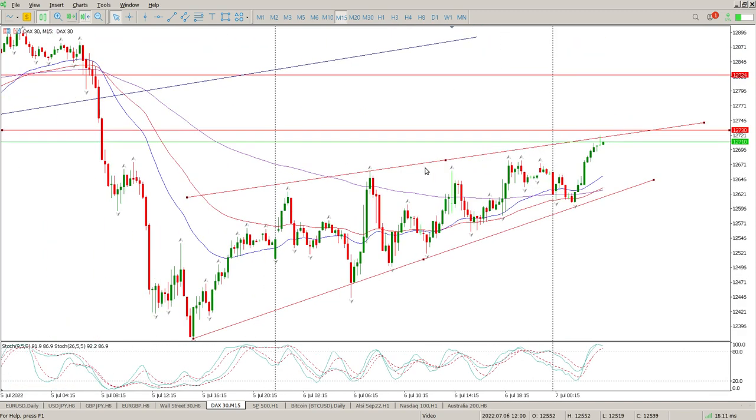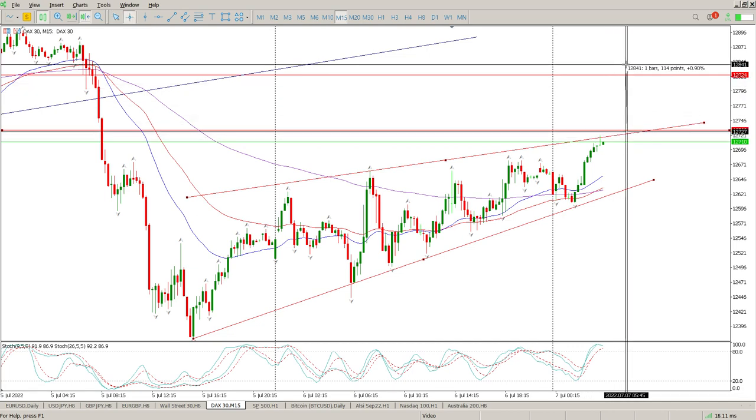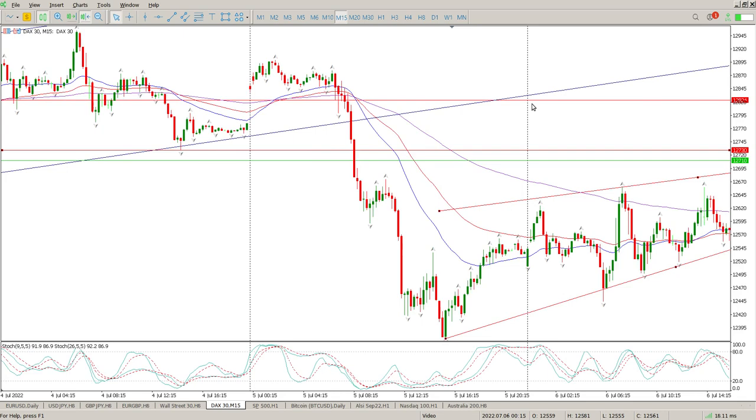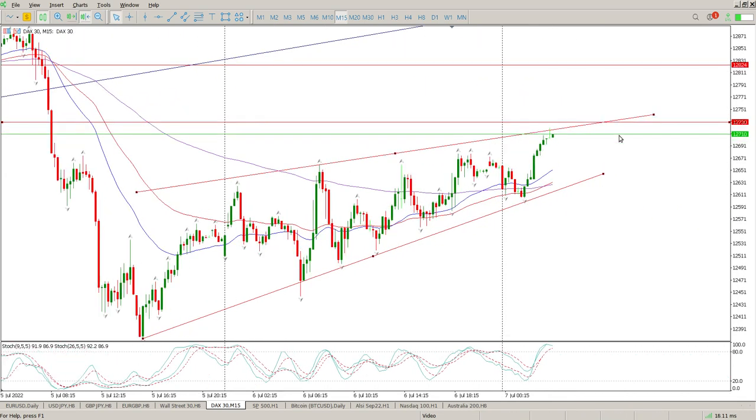So if you look at the 15 minutes, you can see pretty much nothing happening yesterday, and we are now coming up to the structure that we were looking for. So that is 12,730, and the upper end of this is 12,824. That's a 114 point stop loss if you see some structure here, because your stop is going to need to be above the next level.